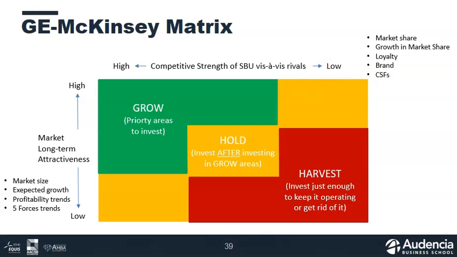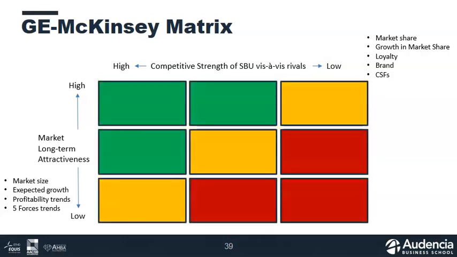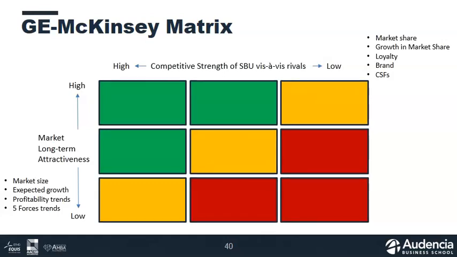But we want to focus primarily on the grow components of our portfolio. And when we do this, we come up with these 9 boxes. These are the 9 boxes that we try to position our business units in when we do this assessment.